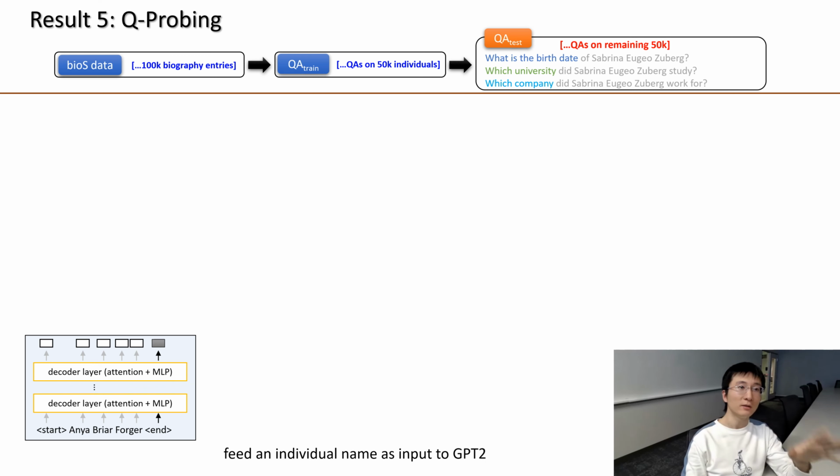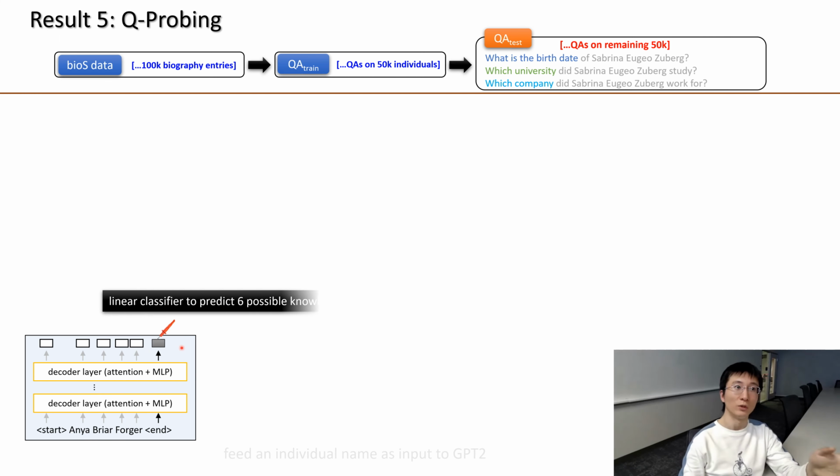This time, instead of feeding a biographical entry as the input to the model, let's only feed the person's name, adding a special starting token and a special ending token. Then we look at the hidden embedding of the model on the last token, and we train a linear classifier once again to predict the 6 attributes of this person. This is what we call Q-probing, or query-based probing.